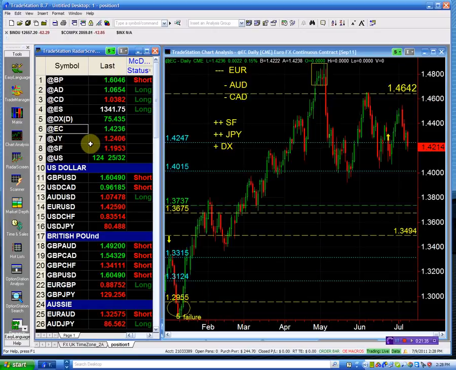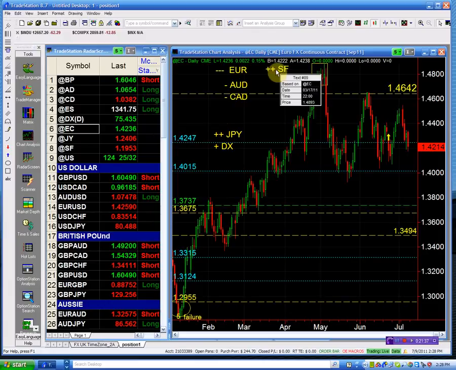So this means I'm going to be taking the Euro Swiss probably as a good candidate. I'm going to be taking the Euro Dollar as another short. So I'm shorting the Euro Swiss, I'm shorting the Euro Dollar.